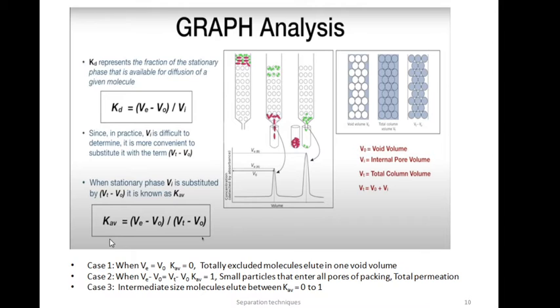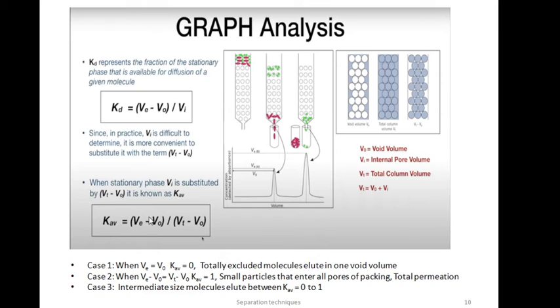Let us see why. Case 1. What happens when VE is equal to V0? Which means these both are the same. When these both are the same, it means that there is no separation occurring at all, right? So let us substitute here.